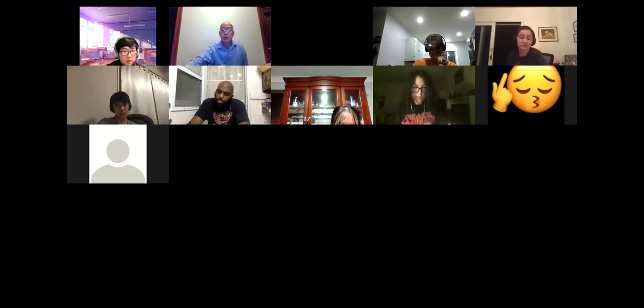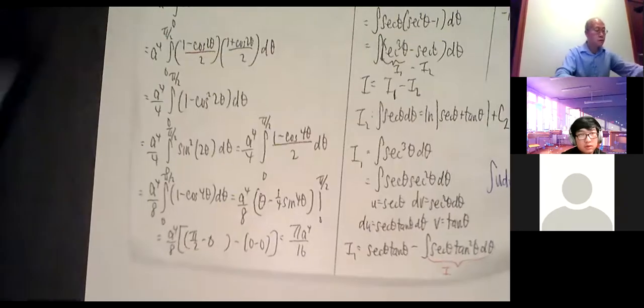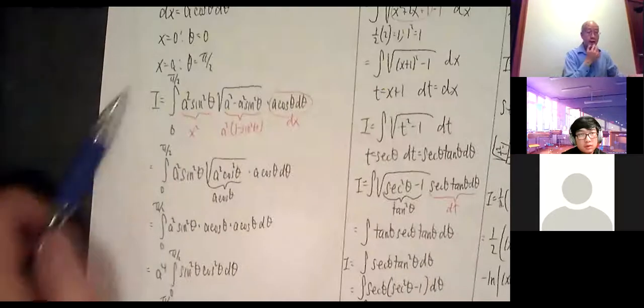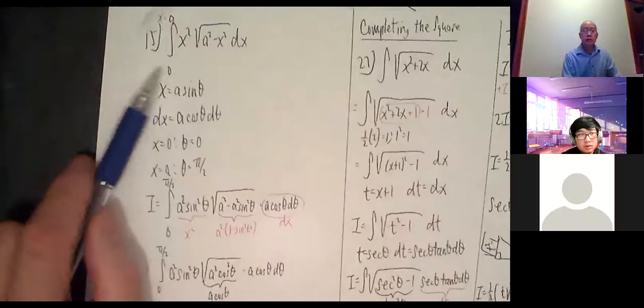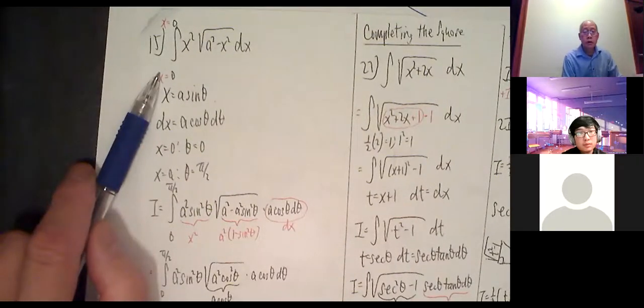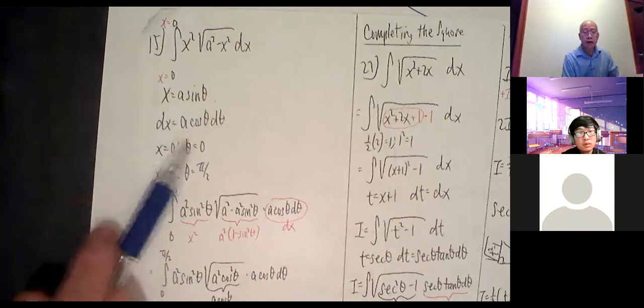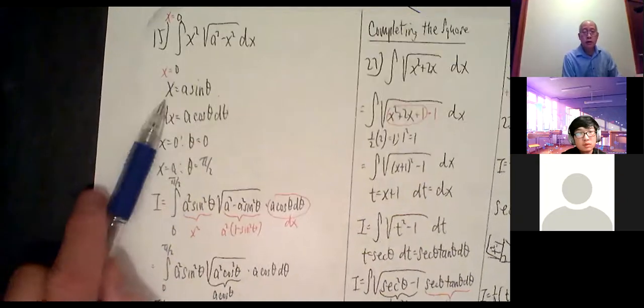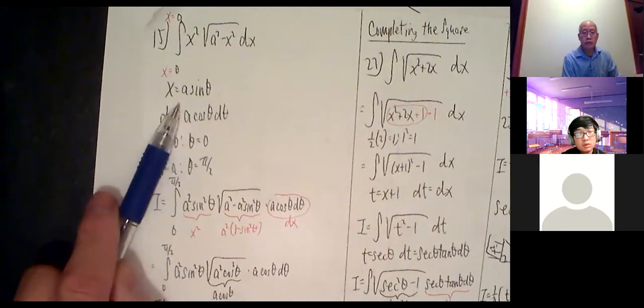Okay. Let's see. All right, so the original integral was from 0 to a for x. I have to find out what happens with theta. So I have x equals a sine theta.